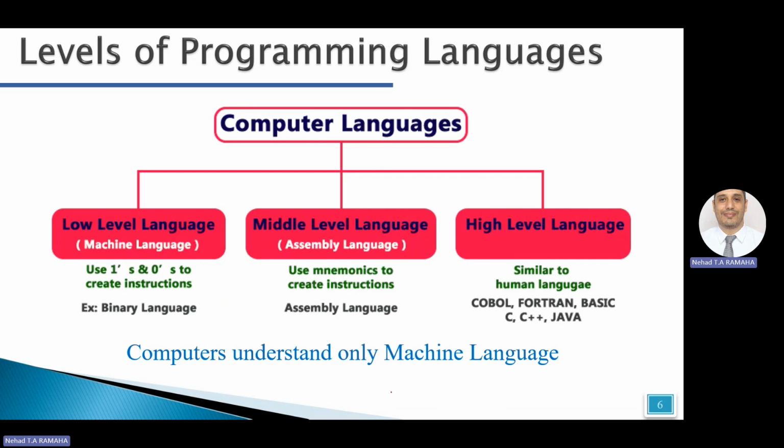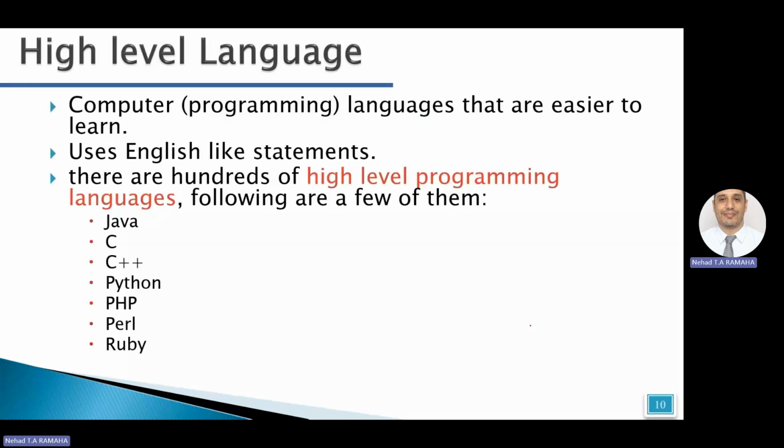If you look at most of the modern high-level programming languages, you will see that most of them are object-oriented. For example, how many of these are procedural, or depend on functions? How many languages? Only C language.